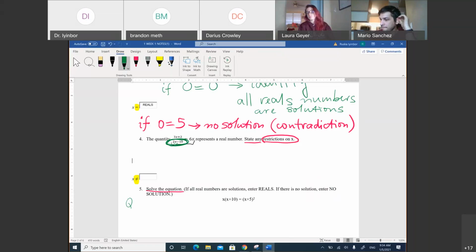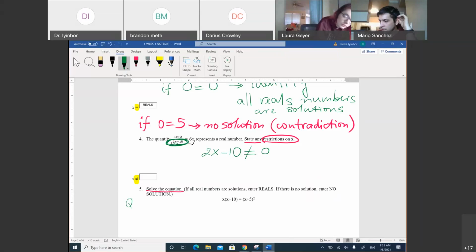So what I'm going to do is take the bottom of the fraction, which is 2x minus 10, and set it not equal to 0, because that's my restriction. Okay? So when you have an equal sign, cross it out, it's not equal to 0. That's my restriction. Then you solve it the same way you solve an equation. You get x by itself, and that's your restriction.